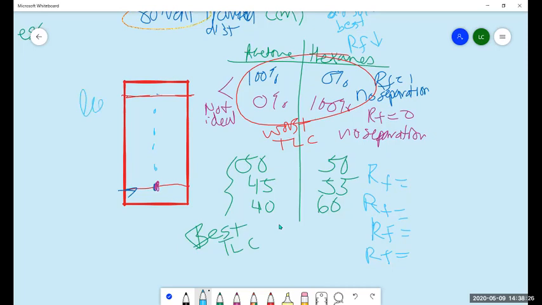So again, here's least polar at the top, more polar down here. And RF down, RF up, higher RF. Okay.